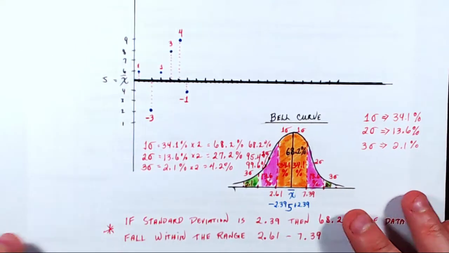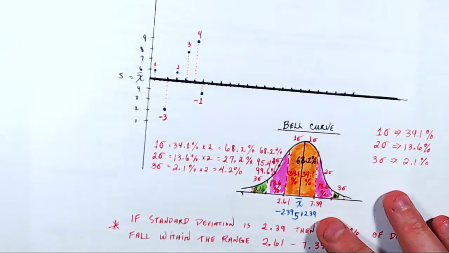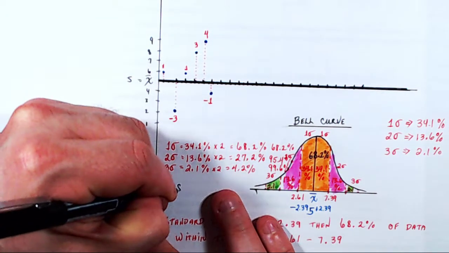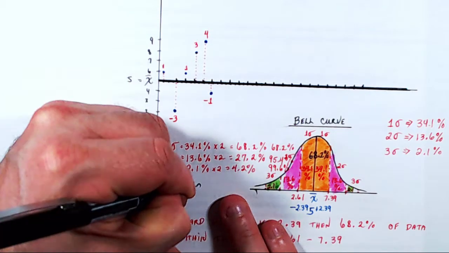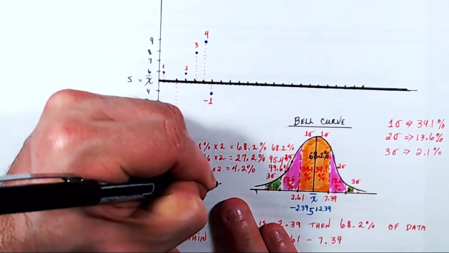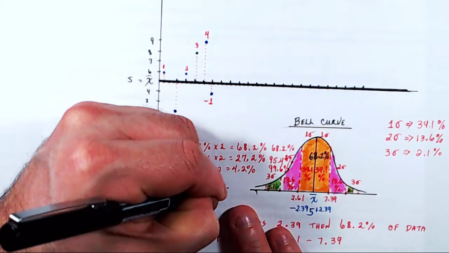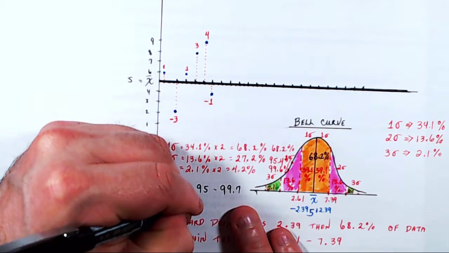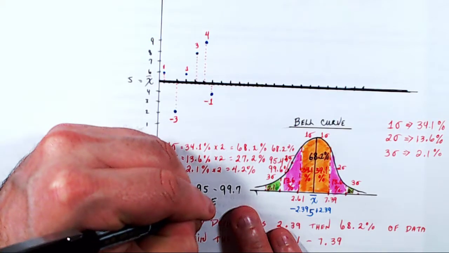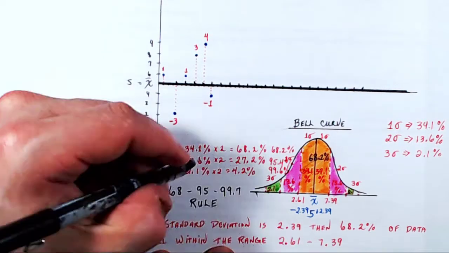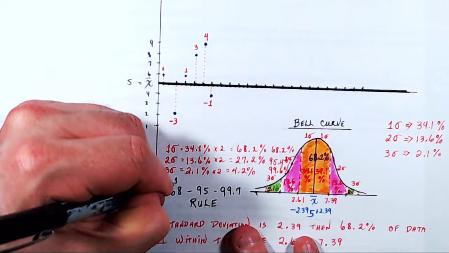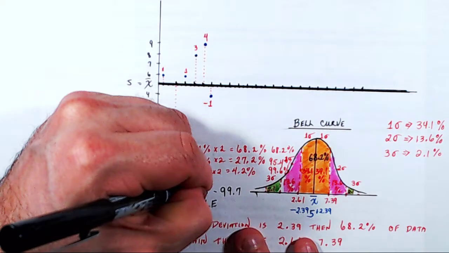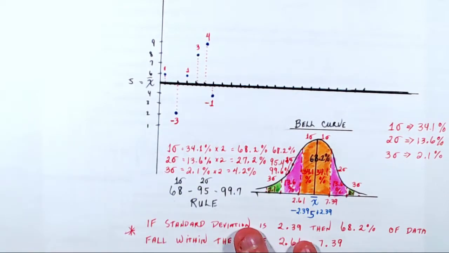This has actually got a name. This rule is called the 68, 95, 99.7 rule. It means that within 1 standard deviation, you're accounting for 68% of the data. Within 2 standard deviations, you're accounting for 95% of the data.